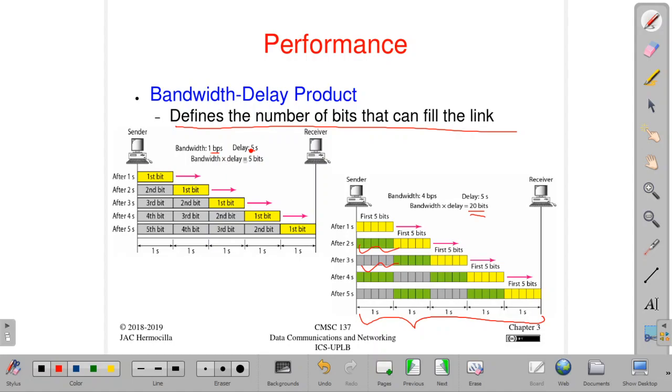Whereas if you have a bandwidth delay product of 5 bits, then in 5 seconds the link has only 5 bits in it. So that's the main idea about the bandwidth delay product.